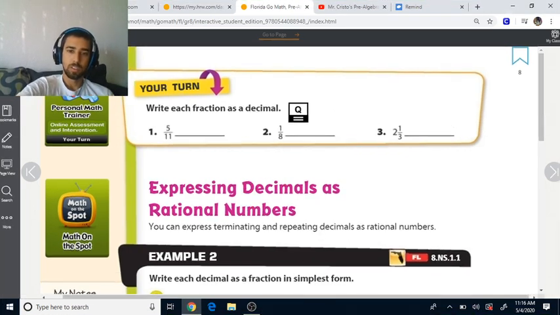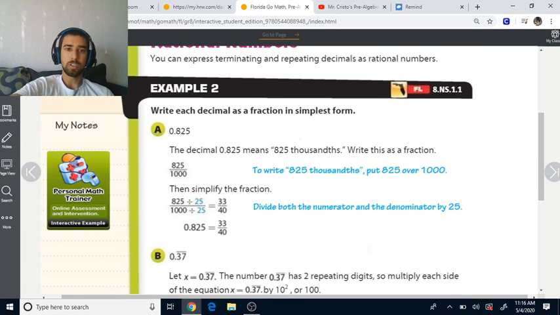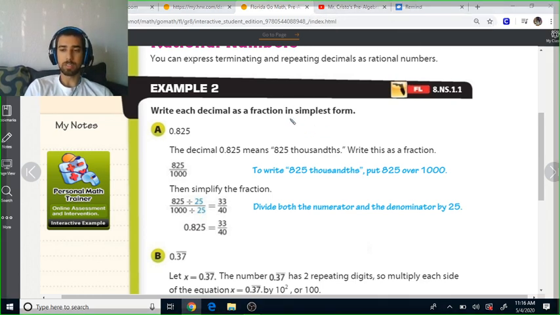Okay. Now I need to start turning decimals into fractions. This one always gets people. To turn a fraction into a decimal, you divide them.